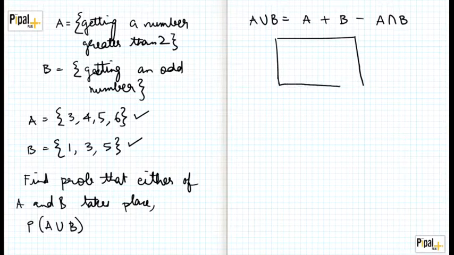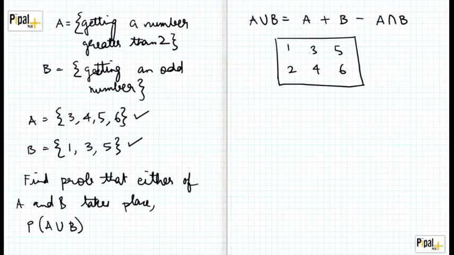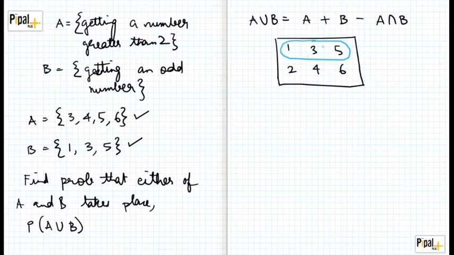So we have 1, 2, 3, 4, 5 and 6. Then the event B is circled in blue, 1, 3 and 5. Then event A is circled in green, so we have 3, 4, 5 and 6, right?